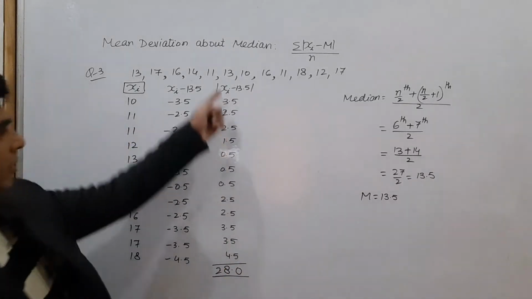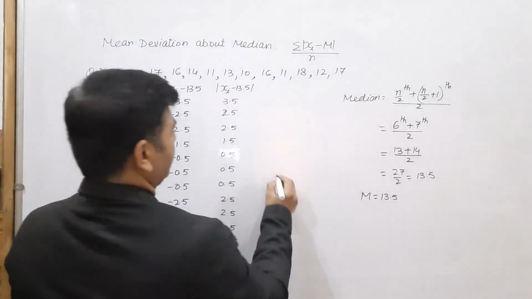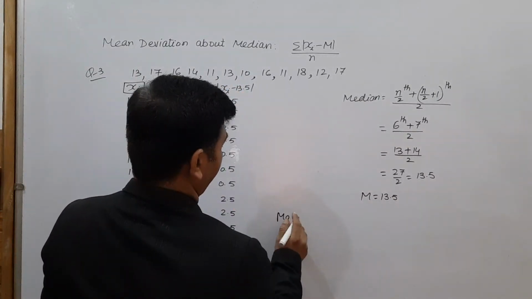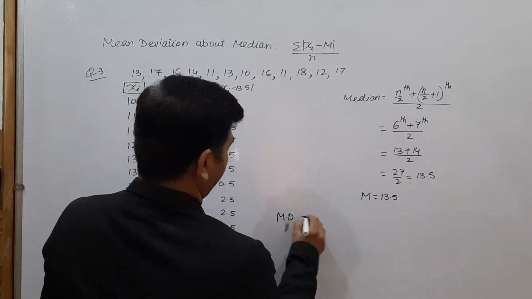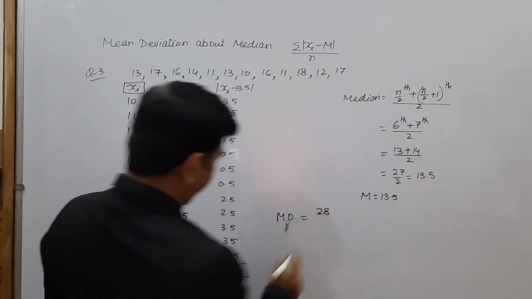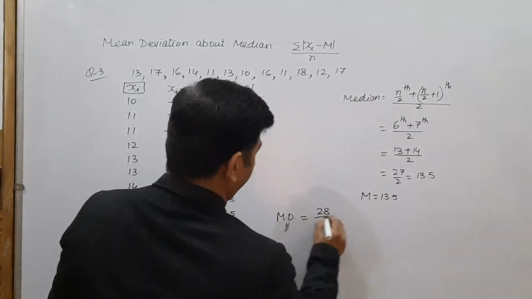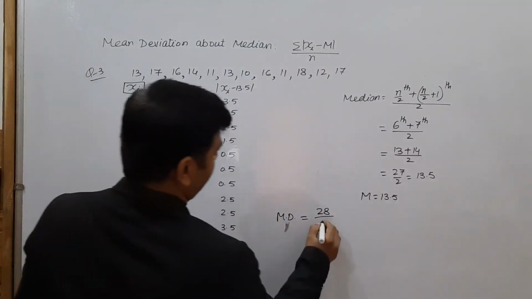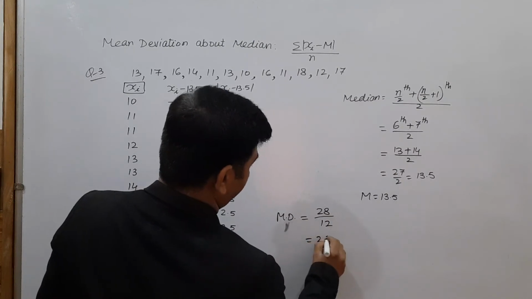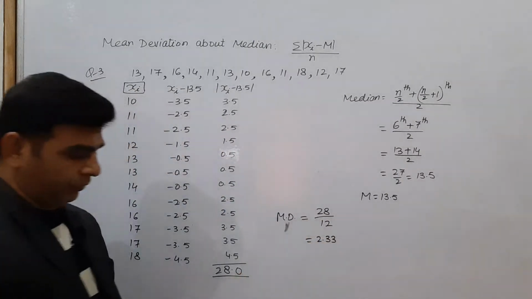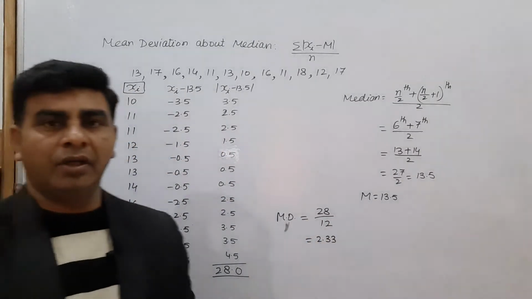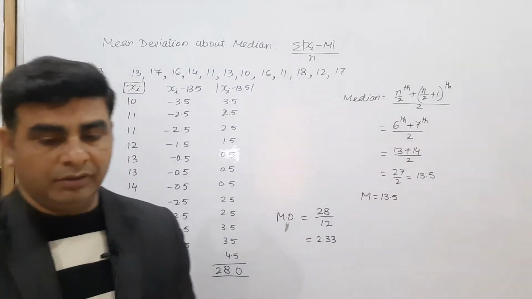So this is the summation of all these terms, so mean deviation is given by 28 divided by number of terms, which are 12, so this is your 2.33 and so on.